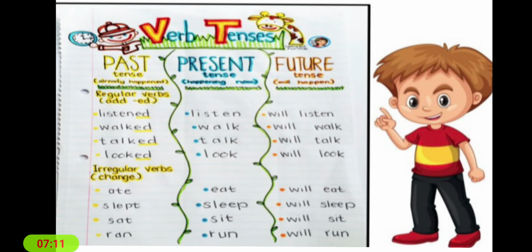Like in present form we use listen, but in past it changes its form like listened by putting ed, and in future we will use will listen. Similarly, walk changes its form in past like walked, and in future it will be like will walk. Talk, talked, will talk. Look, looked, will look. Eat, ate, will eat. Then sleep, slept, will sleep.